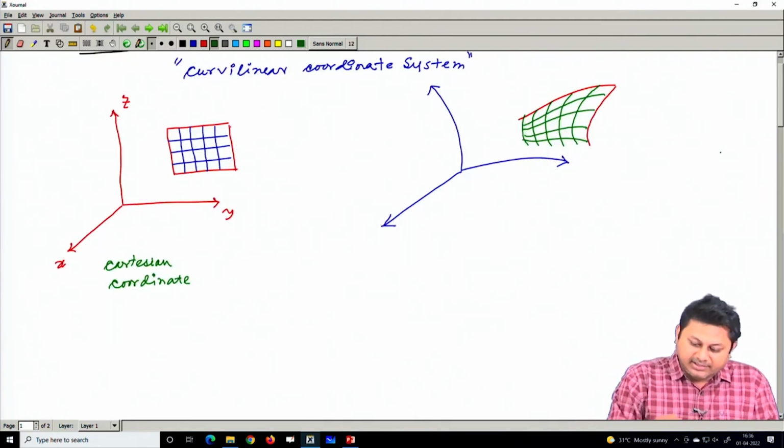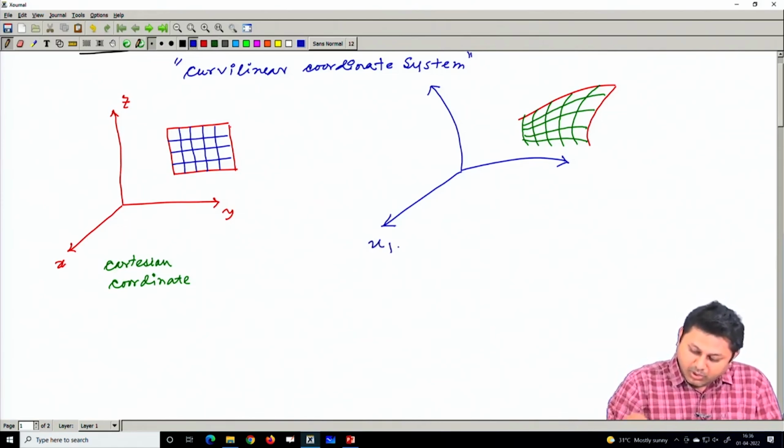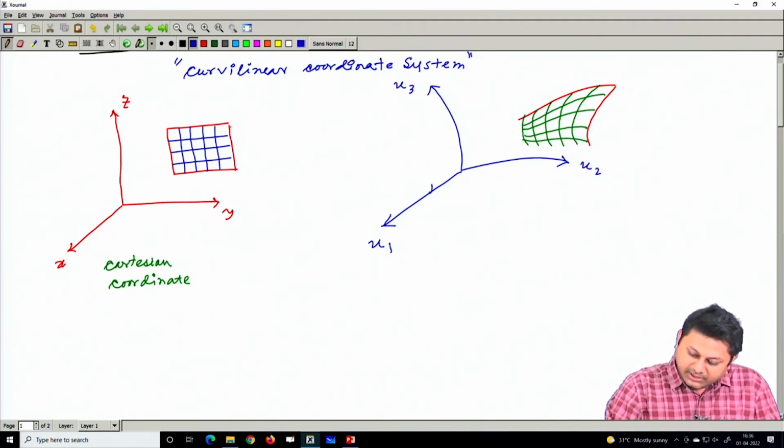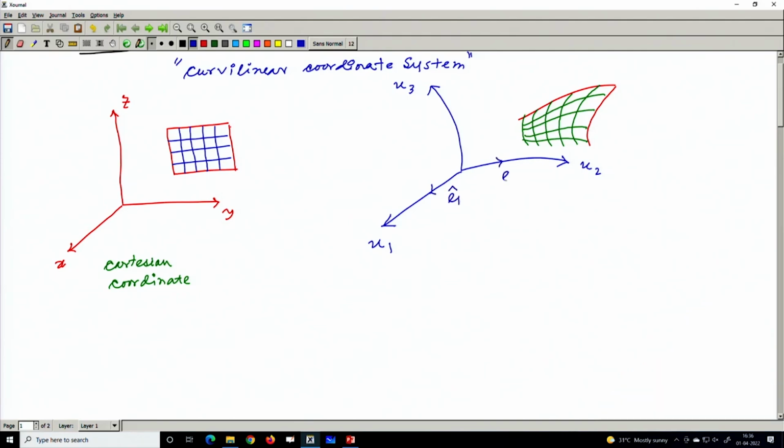Like x, y, z, here we have u1, u2 and u3 with the unit vectors e1, e2 and e3, a generalized form to write the unit vector because I am taking a generalized coordinate system.